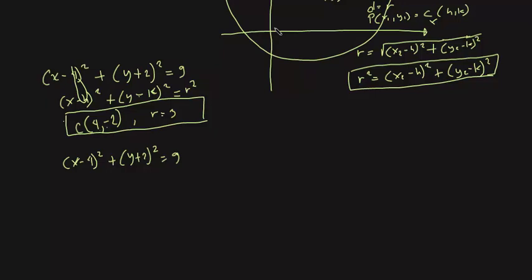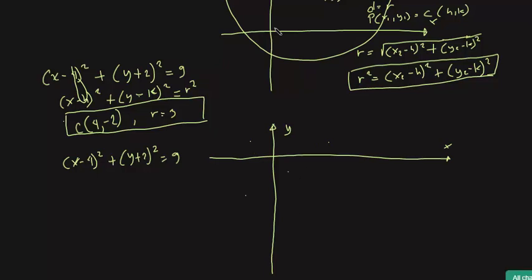We can see it's in quadrant 4, so I need to really emphasize quadrant 4. So this is y and this is x. You can see quadrant 1, quadrant 2, quadrant 3, and quadrant 4 right here. I need to have some more space because that is the area where the center of the circle will fall.